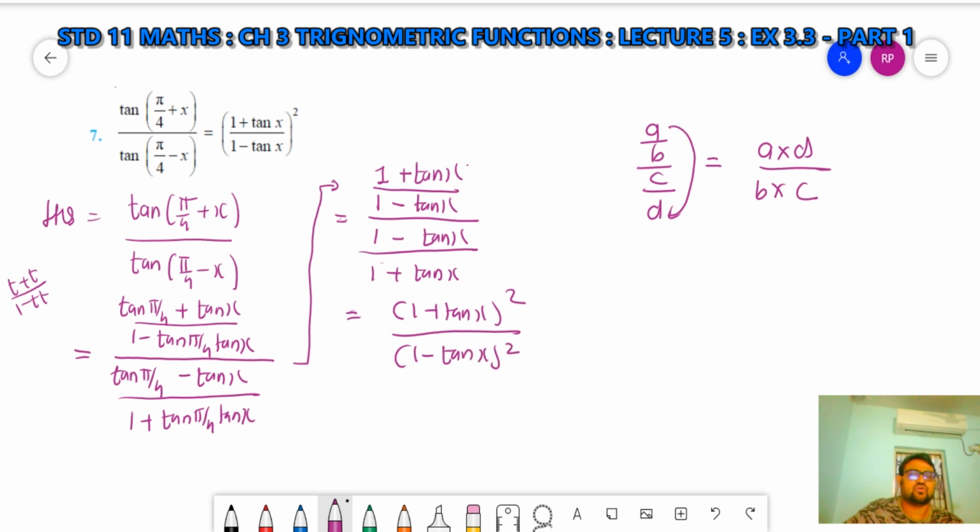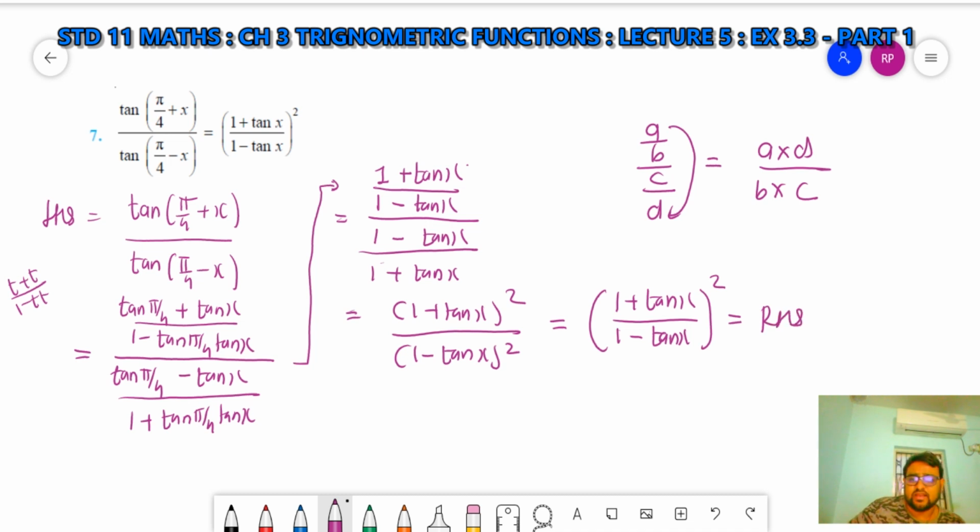So this is equal to RHS, like this: ((1 + tan x) upon (1 - tan x)) whole square. This is equal to RHS.